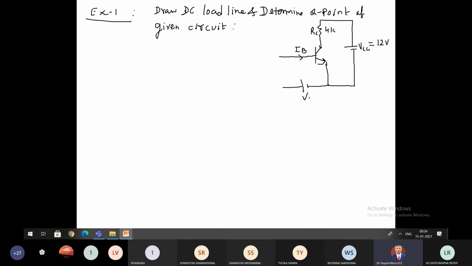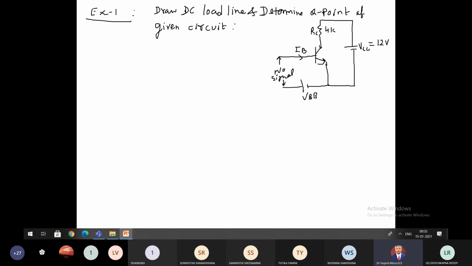Some battery is there, right? And at this input side, we have connected no signal. No signal is there.